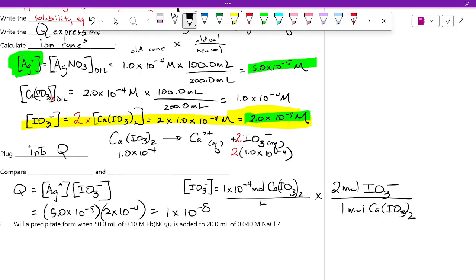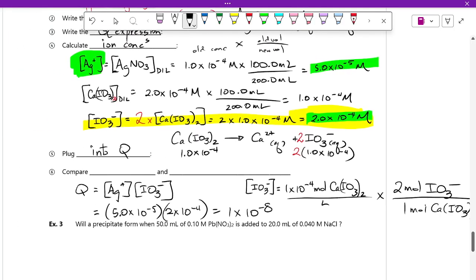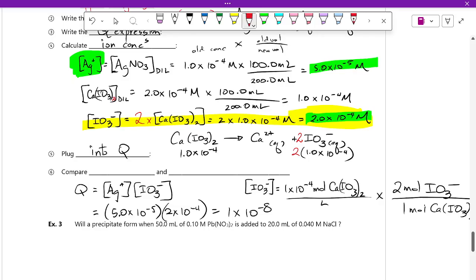There should have been lots of room for this question, but I just got carried away showing different methods of getting your IO3 concentration. Maybe I should label them. Method 1 to find concentration of IO3 minus.